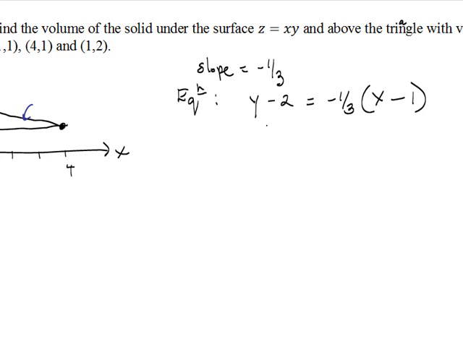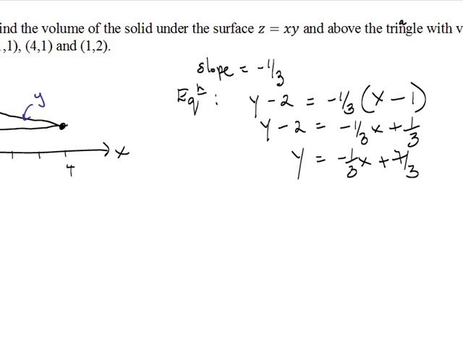Let's simplify. y minus 2 is negative 1/3 x plus 1/3. y equals negative 1/3 x plus 7 over 3. That's what I got.